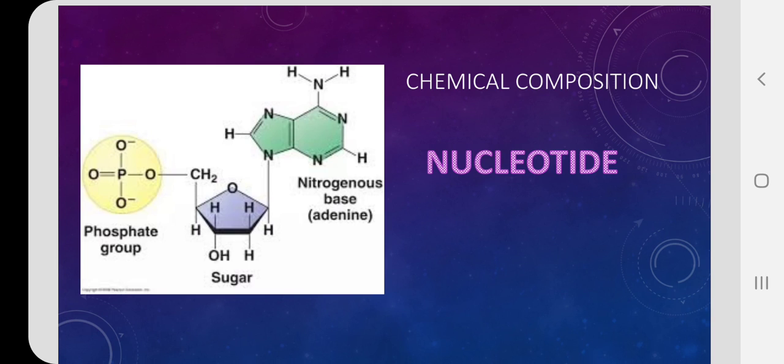So this way there are four types of nucleotide in DNA: deoxyadenylic acid, deoxyguanylic acid, deoxycytidylic acid and thymidylic acid. Similarly, it also has four types of nucleoside, which we are not discussing right now because DNA is a polymer of nucleotide.